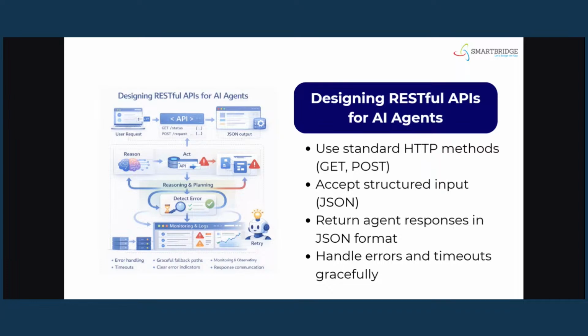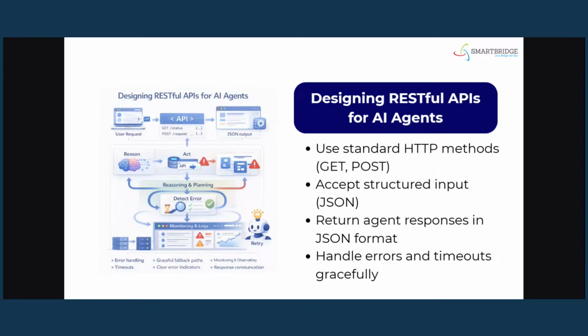Error handling becomes especially important with AI systems. Sometimes reasoning takes a longer time, sometimes tools fail, and sometimes inputs are unclear. A well-designed API anticipates this and responds gracefully instead of breaking.